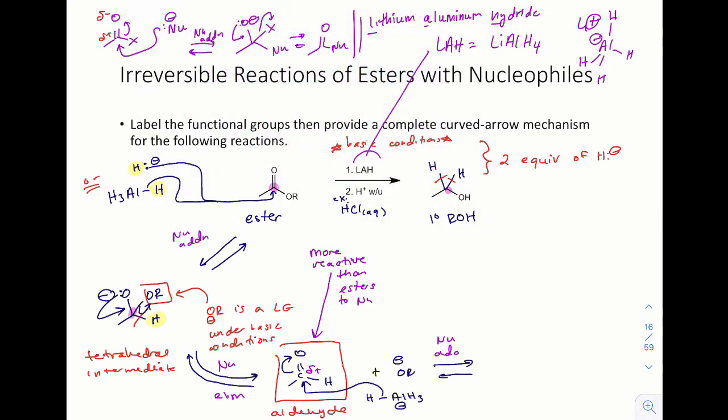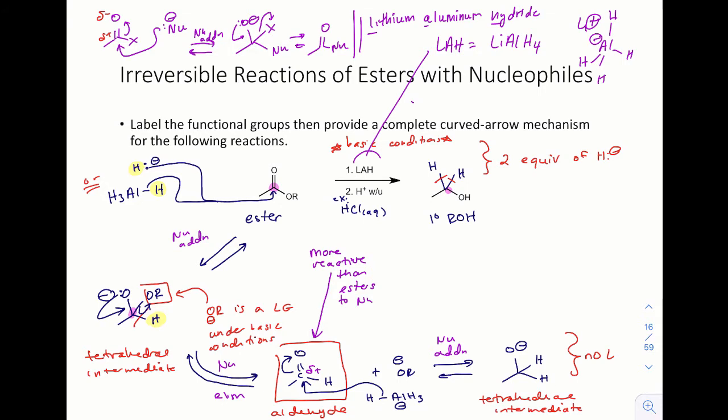You might not want it to, and you might want to stop at the aldehyde. You do not have a choice, however, because aldehydes react with lithium aluminum hydride. So this cannot be stopped. This nucleophile addition step does generate another tetrahedral intermediate. This time, however, there are no leaving groups. There's hydride and there's carbanion.